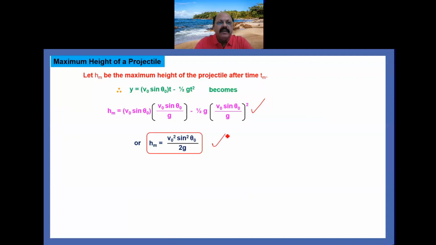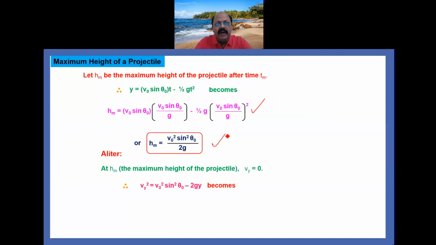There is another method that you can also solve it. At the maximum height of the projectile, the vertical component of velocity is 0. So you apply the formula Vy square equal to V naught y square plus 2ay. Substitute Vy as 0 and V naught y as V naught sine theta, so the equation becomes Vy square equal to V naught square sine square theta naught minus 2g y.